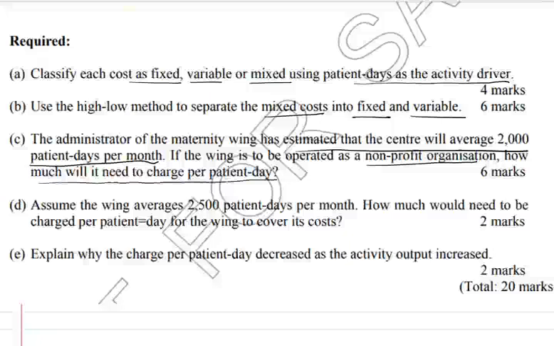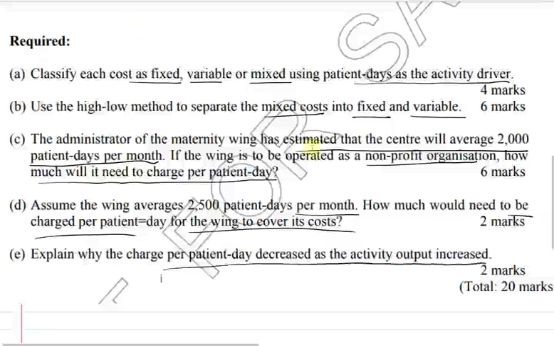Assuming the wing averaged 2,500 patient days per month, how much would need to be charged per day for the wing to cover its cost? Explain why the charge per day decreased as the activity output increased.